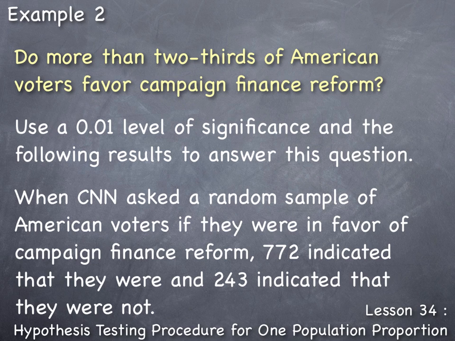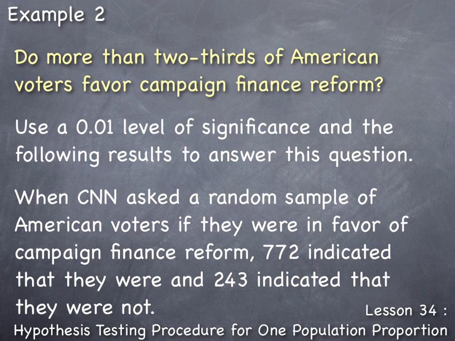It could either be yes, more than 2/3 of Americans favor, or no, not more than 2/3 of Americans favor. This type of question can be answered statistically using a hypothesis testing procedure, because this idea will either be deemed valid or not valid.